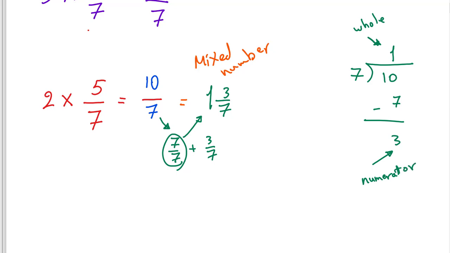Okay. Now, let's move to the next thing, which is how to multiply by a mixed number. Let's see how to multiply 2 times 3 and 1/5.